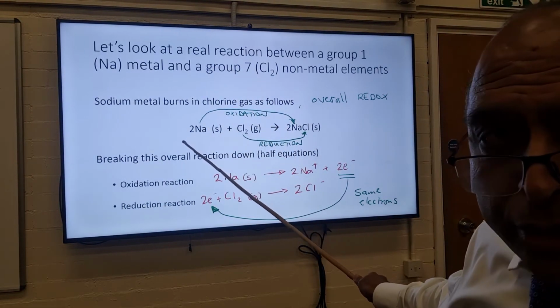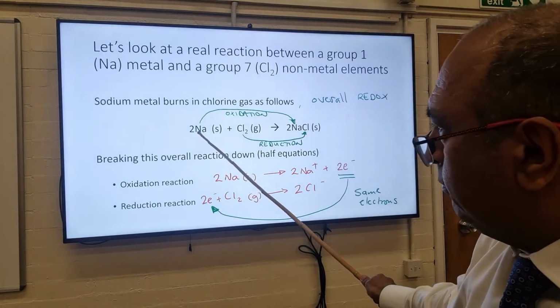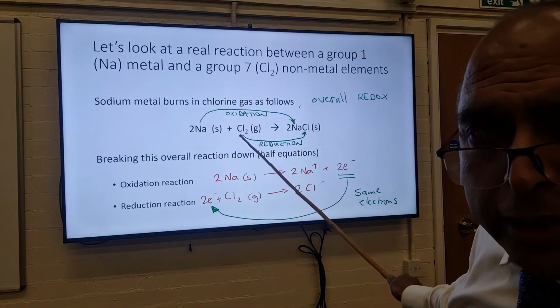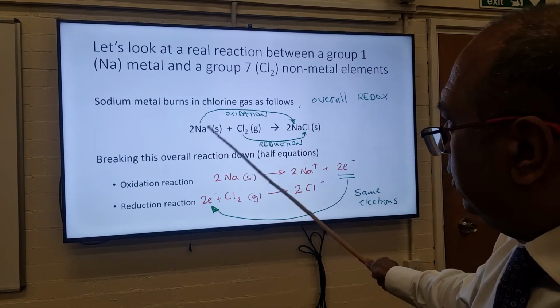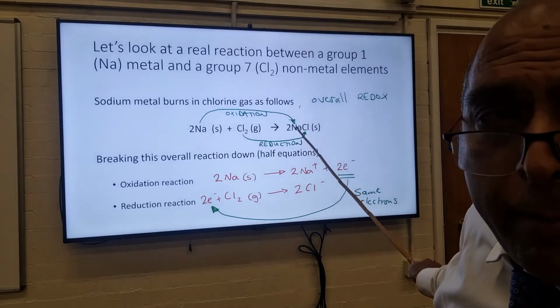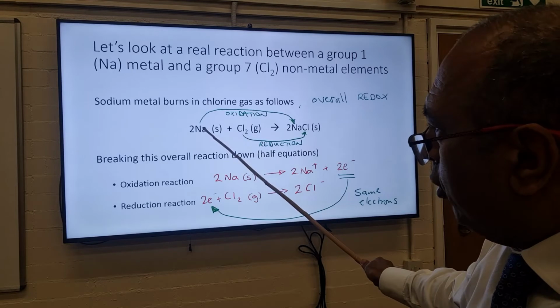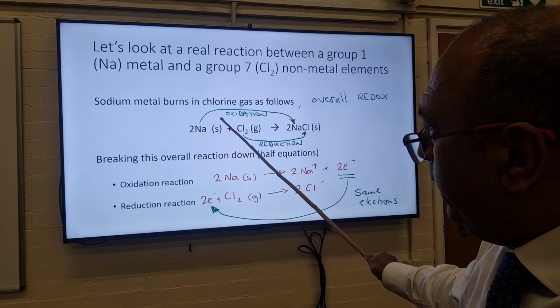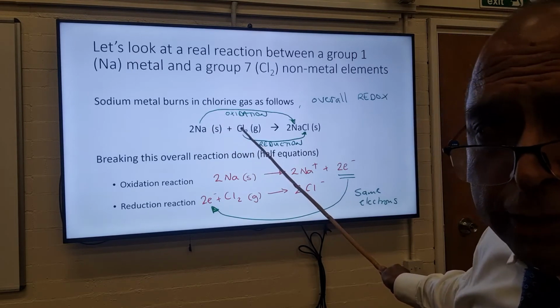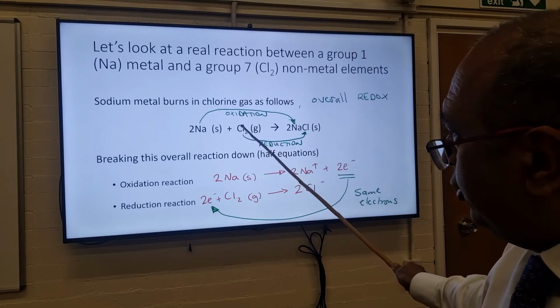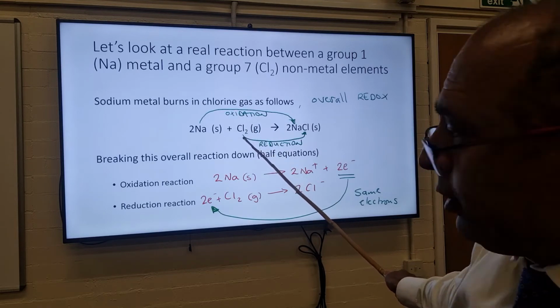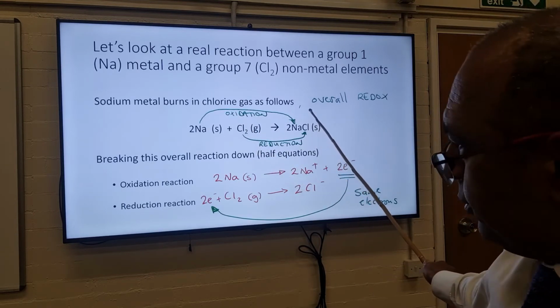The metal loses electrons. The non-metal gains the electrons. The metal turns into sodium ions, that's oxidation, and the electrons go from the metal over to the non-metal, and they turn the chlorine molecules into two chloride ions.